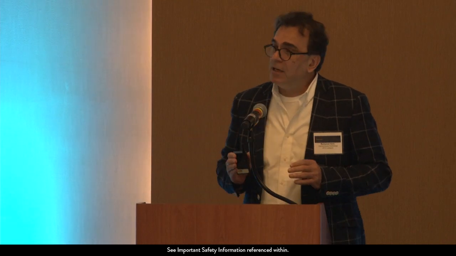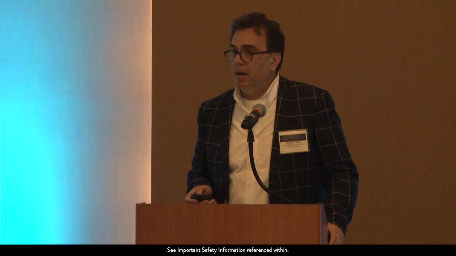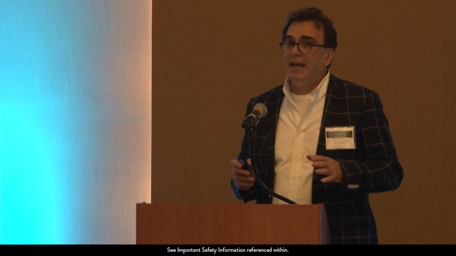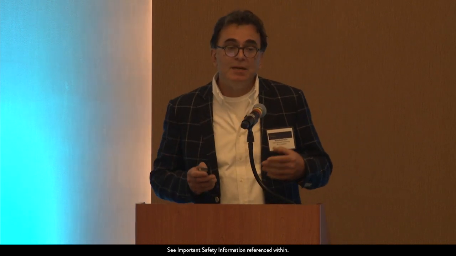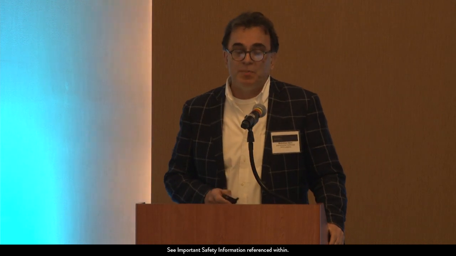You see, it's 840 imaging elements, but it's a 56 by 15. So it's a very elongated rectangle, and that has a profound impact on imaging by ICE. So essentially, it's a true phased array. You'll have 90, but you will see why the rectangularity of this phased array provides the problem.